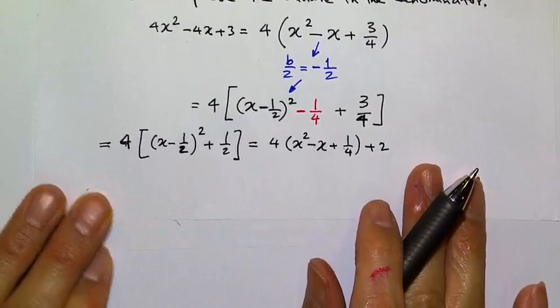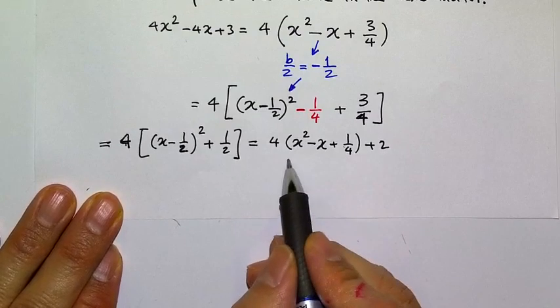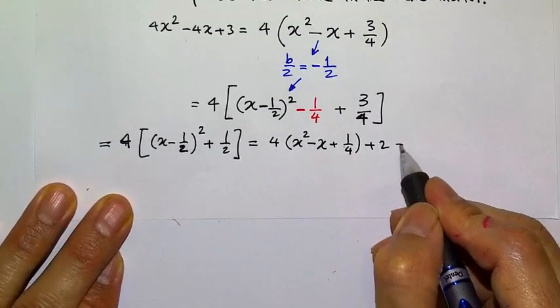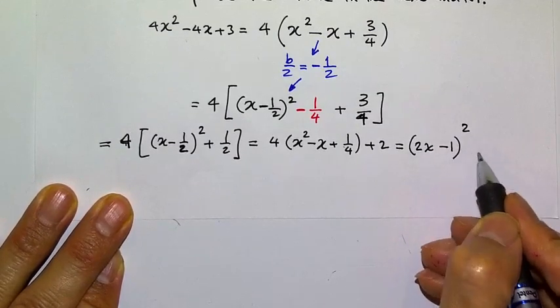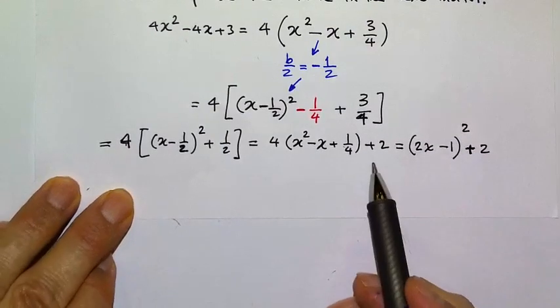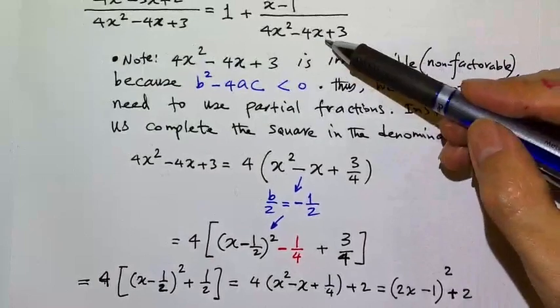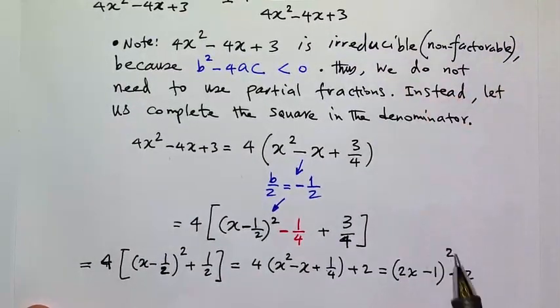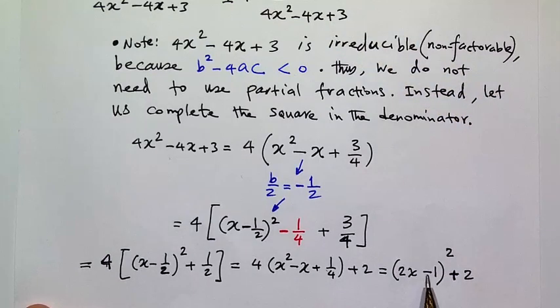Now, if you distribute this and combine, I'm running out of room here, so I'm just going to put this ultimately simplified version here. Equals 2x minus 1 squared plus 2. So we did all of this to end up with a simplified version, such that one of the terms is in perfect squared form. Okay? So now we're not done with this.